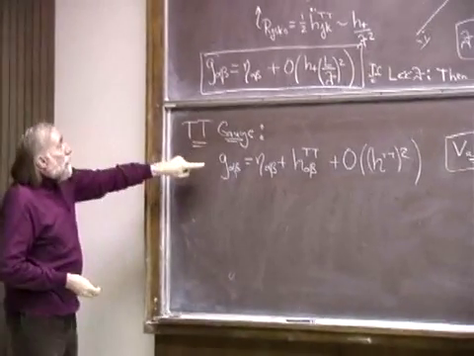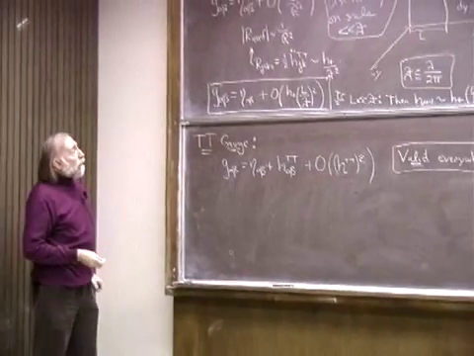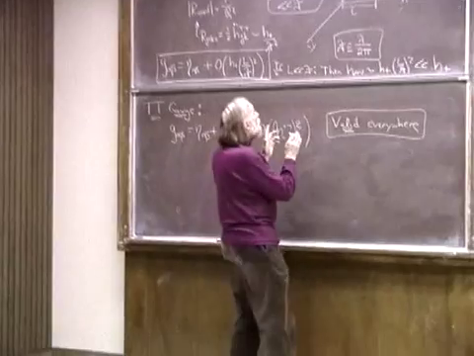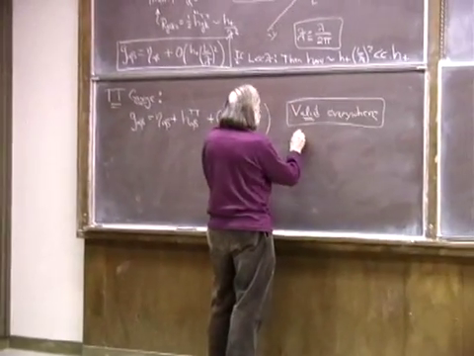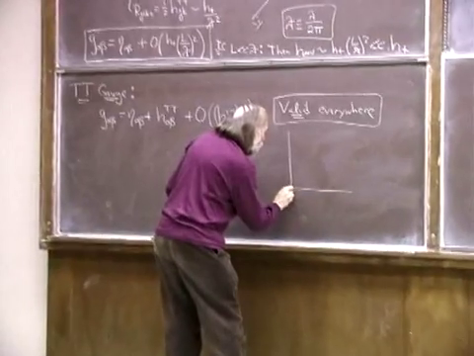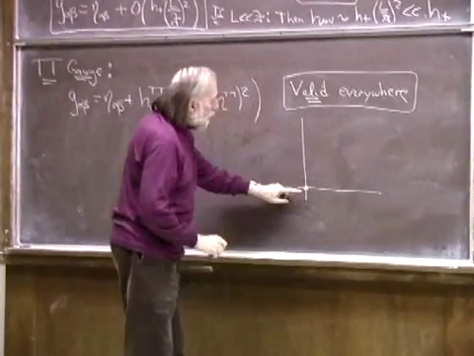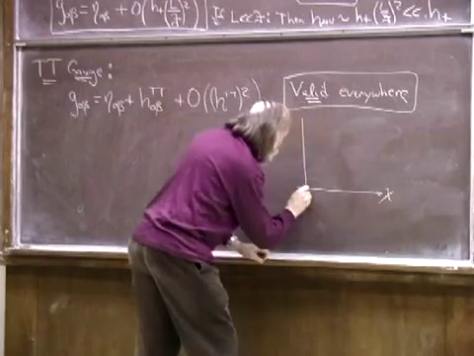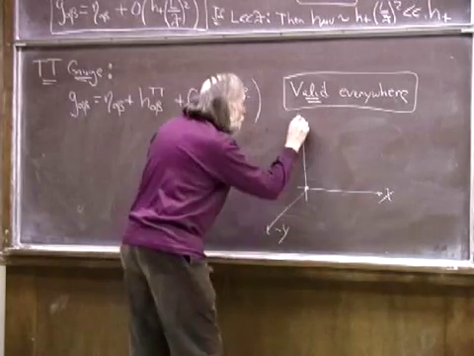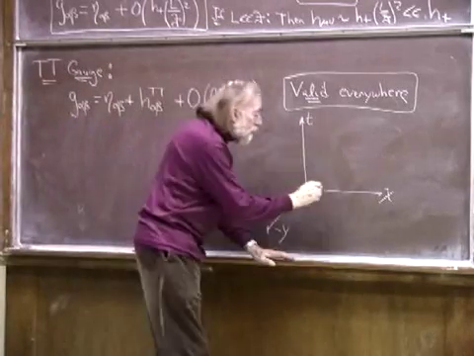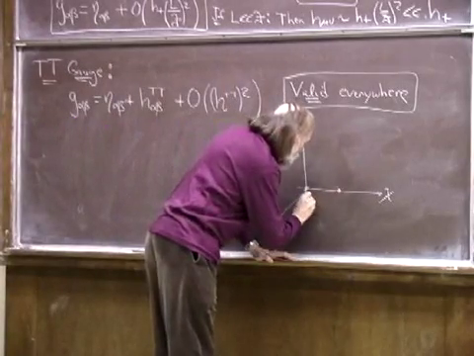Let's go on with TT gauge and ask about the motion of those particles in the case of TT gauge, where again I have the same wave, it's propagating in the z direction. I have two particles, one that's sitting at least initially at the spatial origin, and the other that is sitting at least initially out here a distance L away.